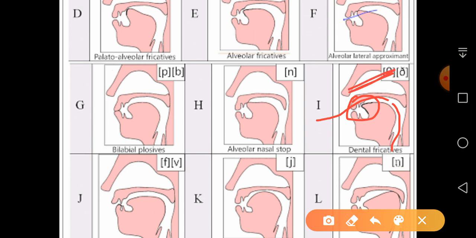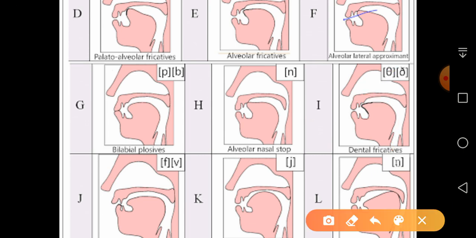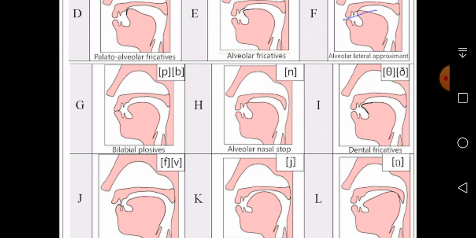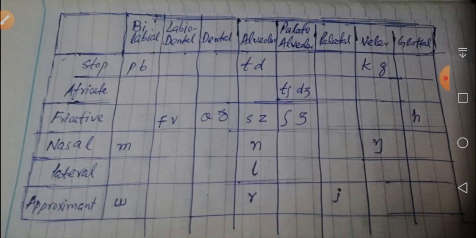Both the teeth are involved in their articulation. The first one of the pair is known as voiceless, and the second one is known as voiced. So voiceless is drawn like this, and voiced is drawn like this. So these are two symbols. Now let's go to the last pair, this one.